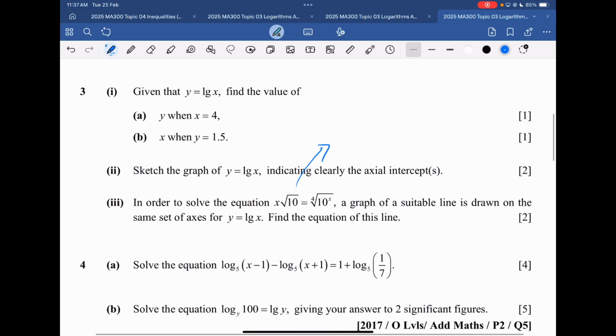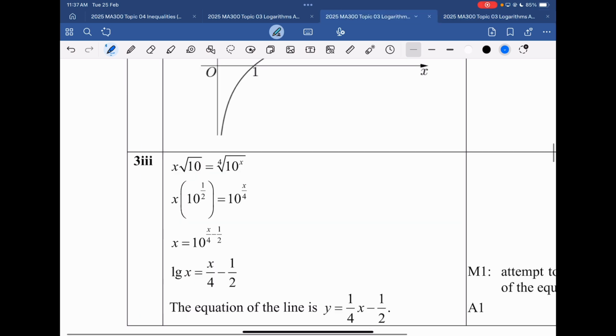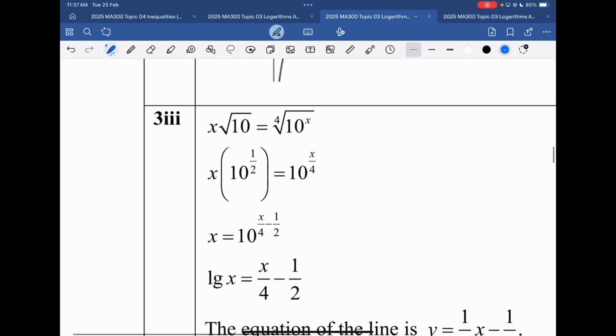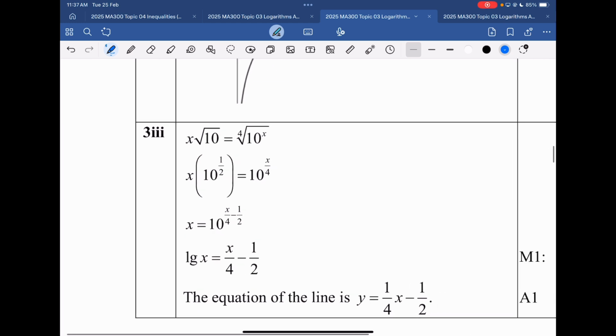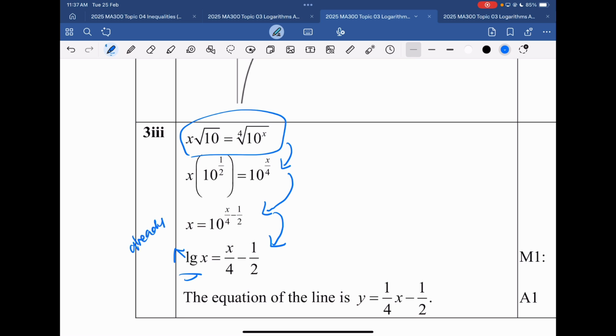Okay, so then after that, I push to 10 power half. You will see that this equation is the same as this, the same as this. But what you have here is already drawn.